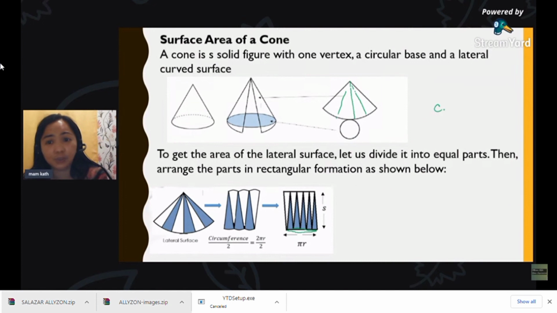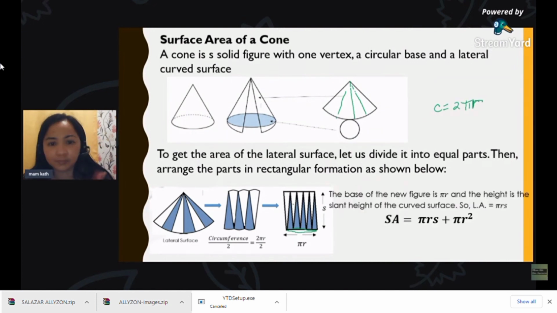Circumference is equal to 2 pi r. The base of the new figure is pi r and the height is the slant height of the curved surface. So, the lateral area is pi rs, or the surface area is pi rs plus pi r squared.